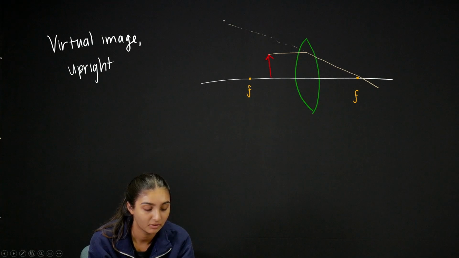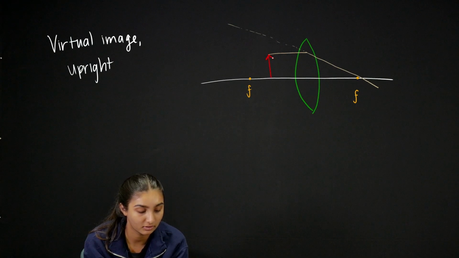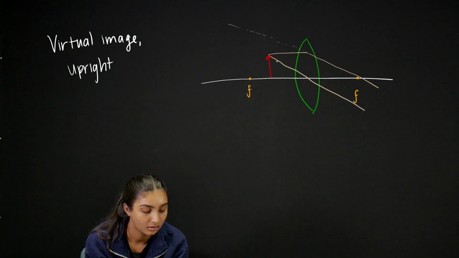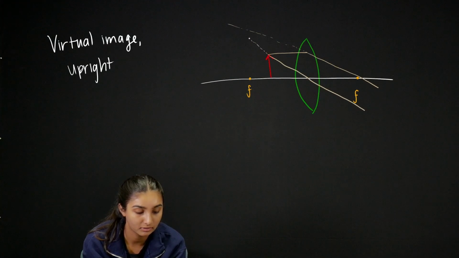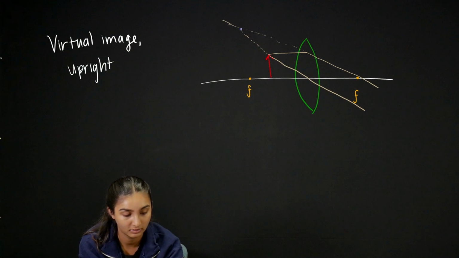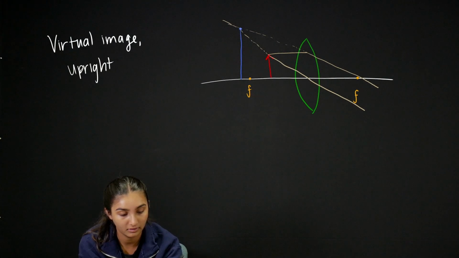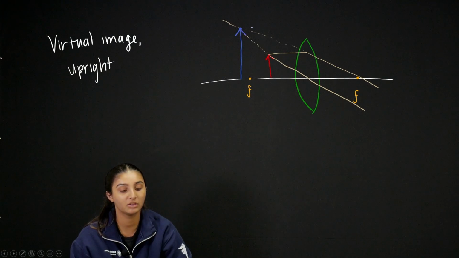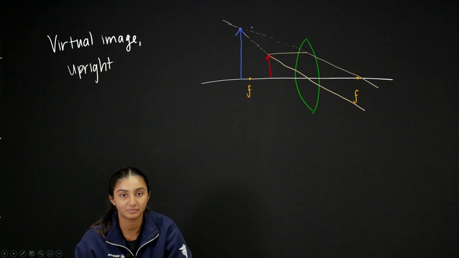Our other line is also going to go through the center, but we're going to extend it backwards until we find our point of convergence. That gives us a virtual image that is upright.